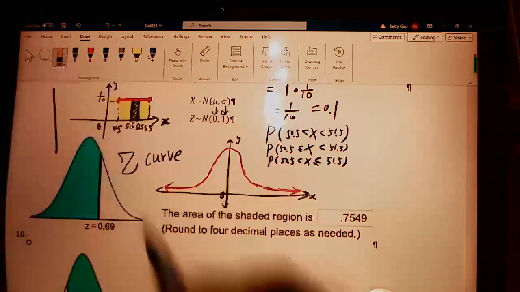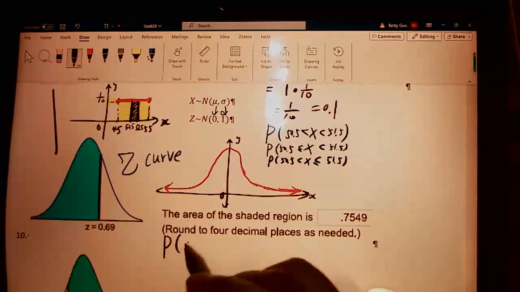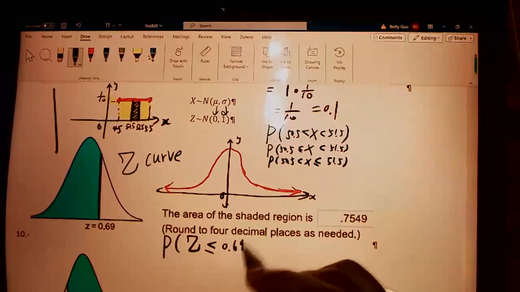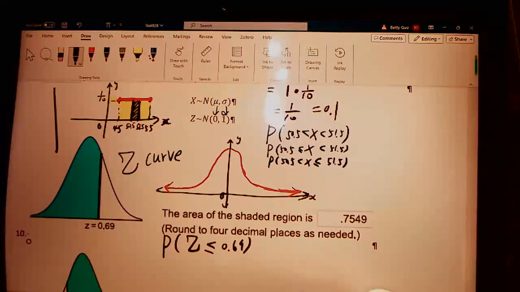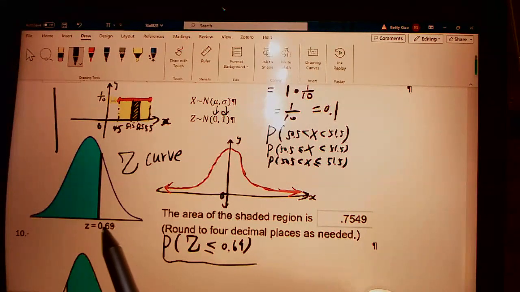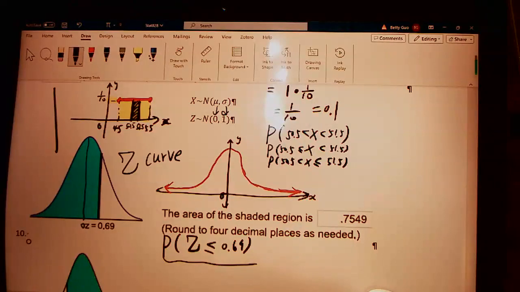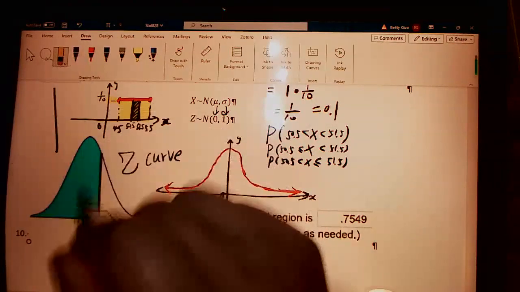So basically, we are looking for the probability of Z less than or equal to, really doesn't matter as we mentioned, strictly less than 0.69 or less than or equal to 0.69. It doesn't change the probability. We are looking for this probability, and that probability can be represented by the shaded region. Suppose this is 0.69. That makes sense because 0 is here, so 0.69 must be on the right side of the center.